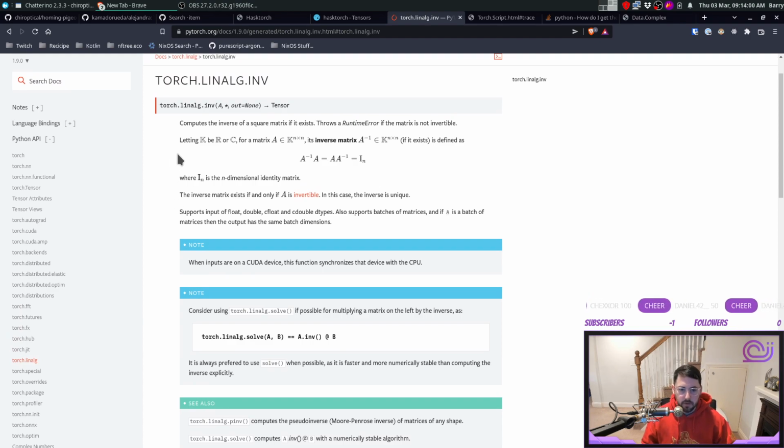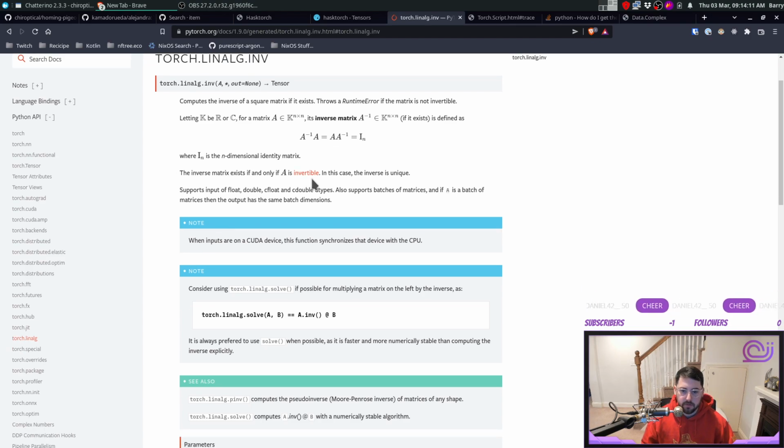Okay, so it computes the inverse of a square matrix if it exists. There's a runtime error if the matrix is not invertible. If invertible, the inverse is unique.